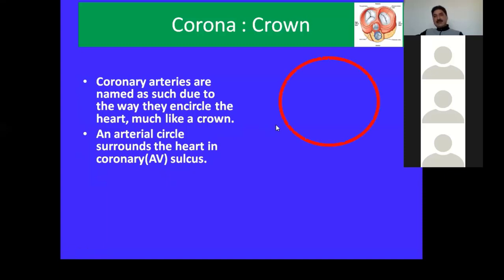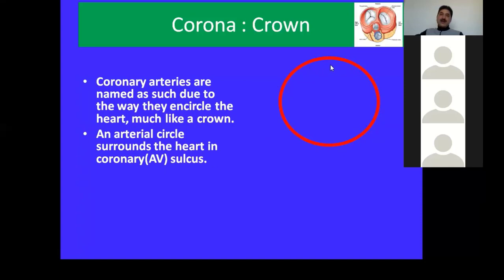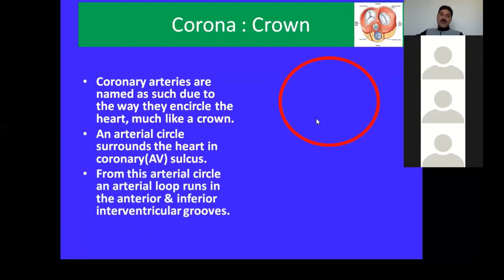Here, I have made this circle. This represents the coronary sulcus or atrioventricular sulcus, which lies between the atria and ventricles. So, what lies in this sulcus? The coronary arteries, right, the main trunks of the right and left coronary arteries. From this arterial circle, an arterial loop runs in the anterior and inferior interventricular grooves.